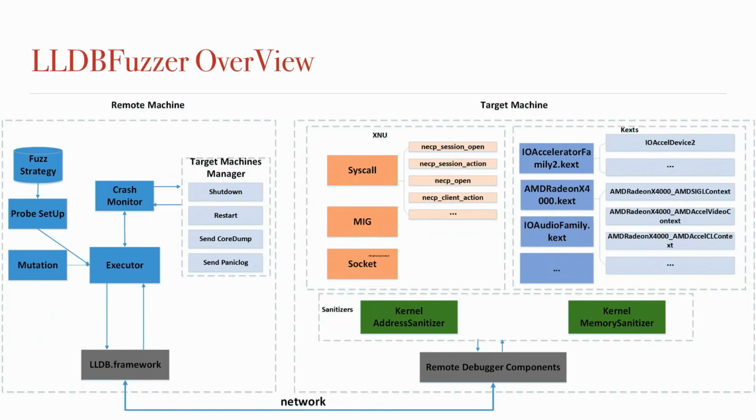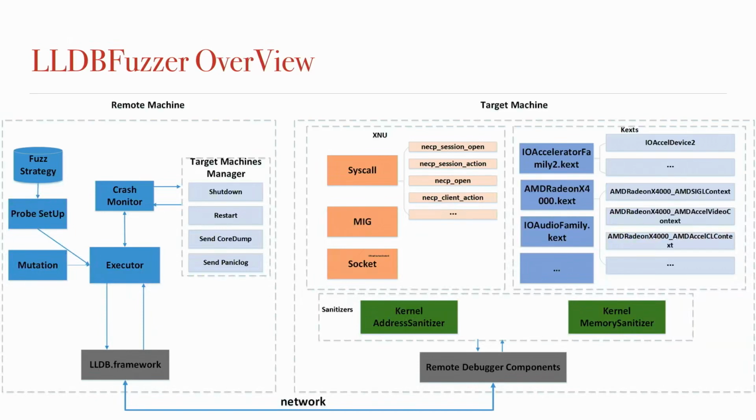As the main module, we can see that the probe setup module will query the fuzz strategy, which also contains attack surfaces we collected from, for example, the XNU kernel or the target kernel extension, and pass them to the executor to deploy our probe points to the target machine.